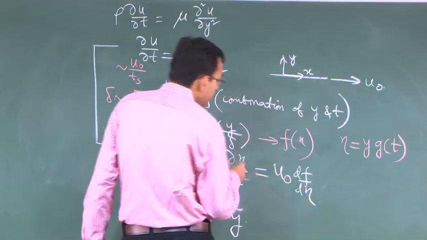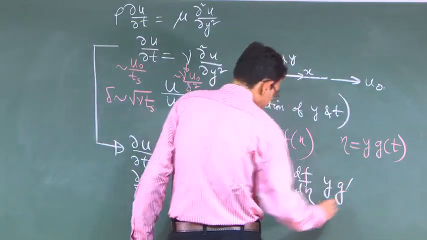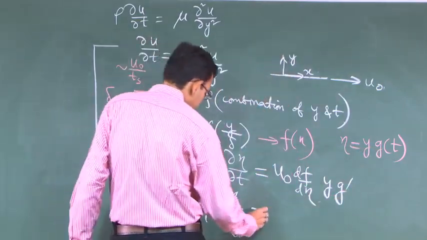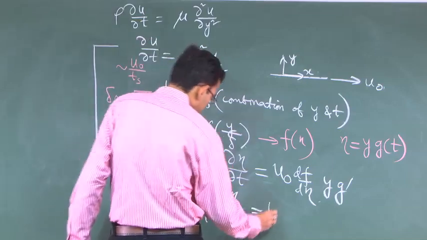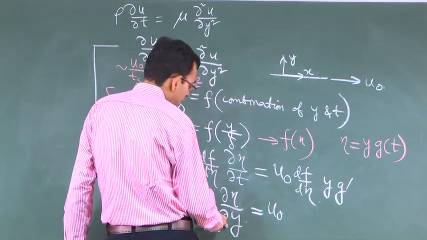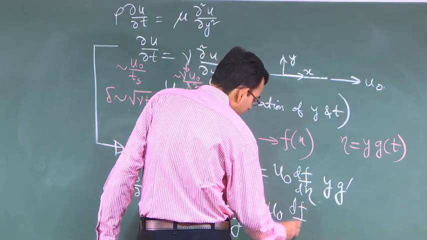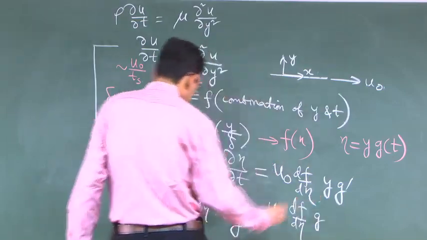What is the partial derivative of eta with respect to t? y into g dash. And what is this? This is u0 df d eta, and the partial derivative of eta with respect to y is g. So u0 df d eta into g.